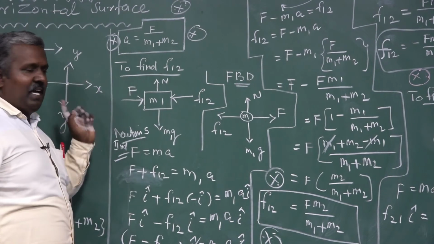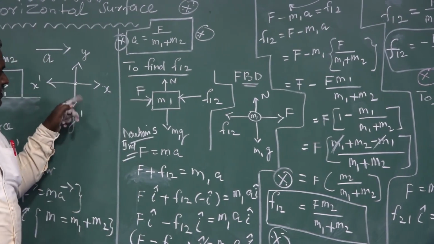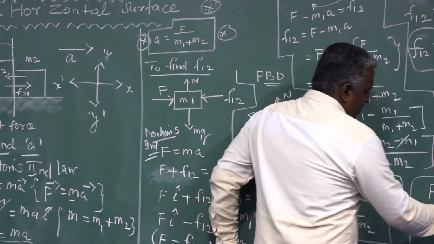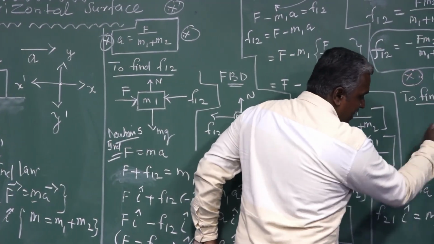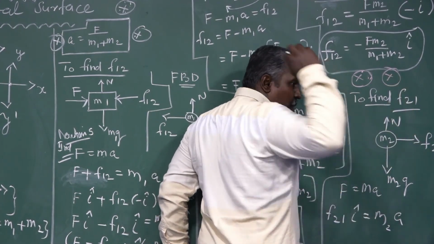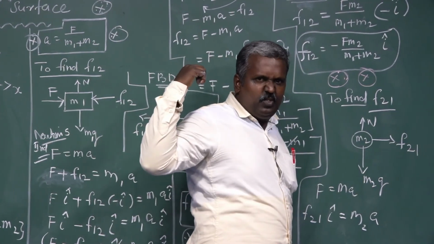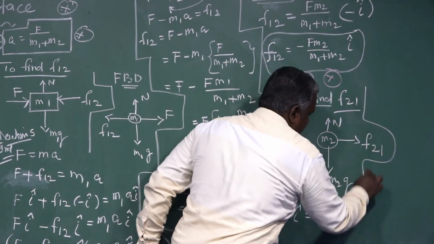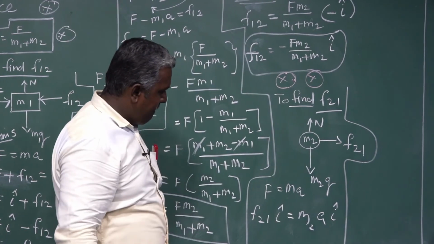The total mass here is M2. The total acceleration is common for both M1 and M2, along the positive x-axis.